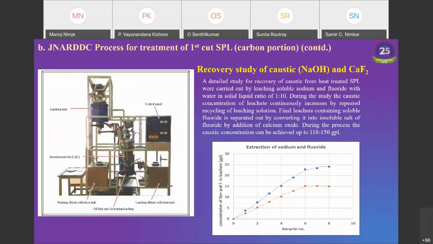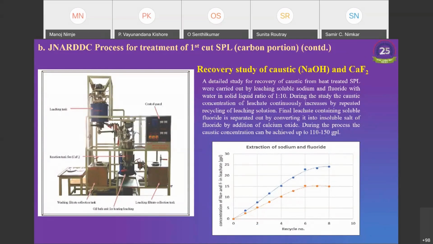And during the recovery study of leachable sodium and fluoride, the extraction study is carried out in a stirred tank reactor. During the recovery study, the heat-treated SPL sample was leached in water in the solid-liquid ratio of 1:10, and caustic concentration of leachate continuously increased by repeated recycling of the filtrate.